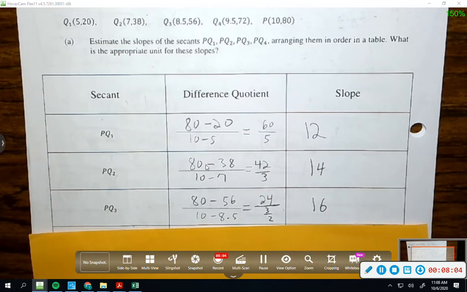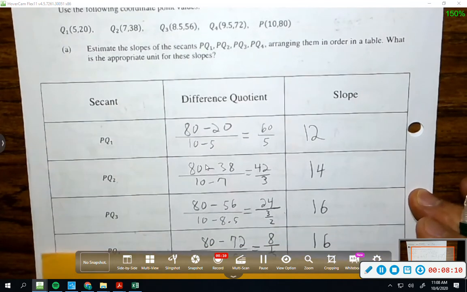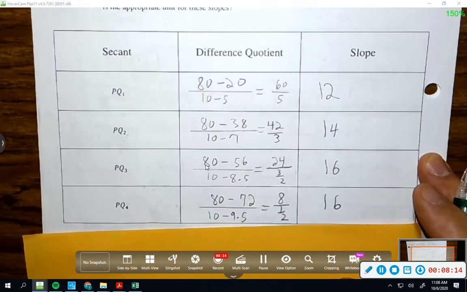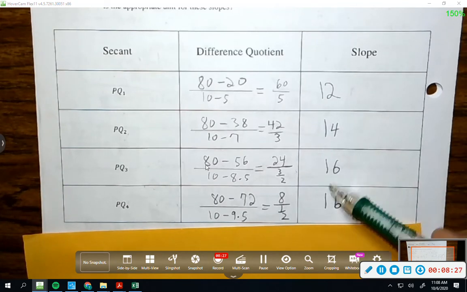We should be able to do that without writing a whole lot down to get 16. What about this one? 80 minus 72 over 10 minus 9.5, same thing. We get 8 over 1/2. Multiply by the reciprocal, we get 16. So it looks like it's starting to zoom in on a particular slope.